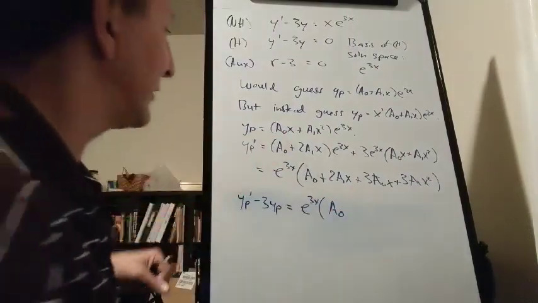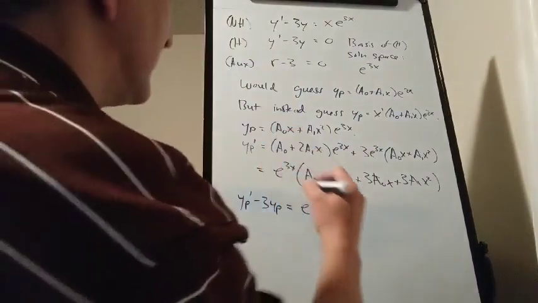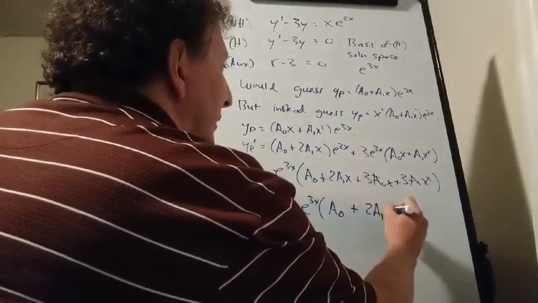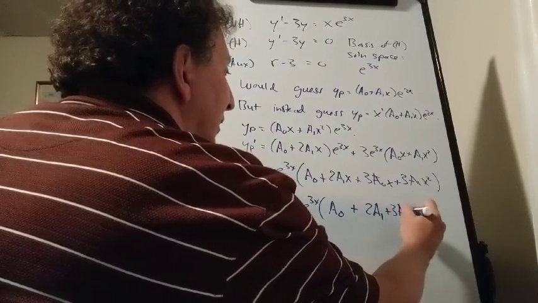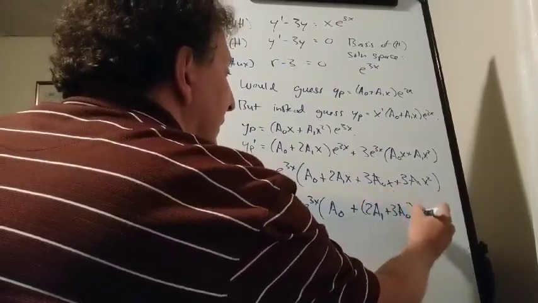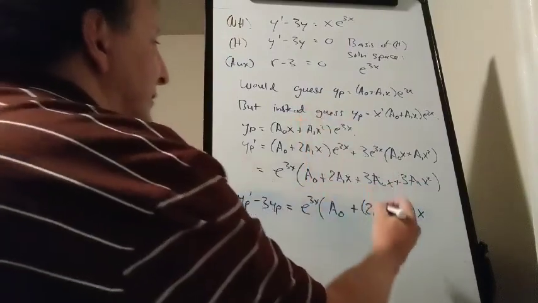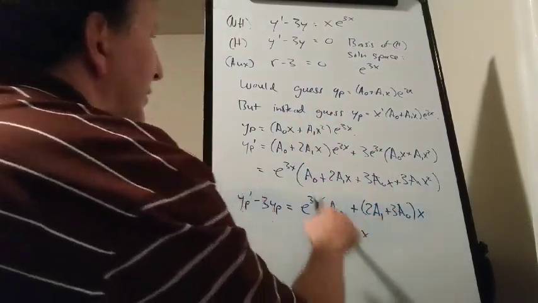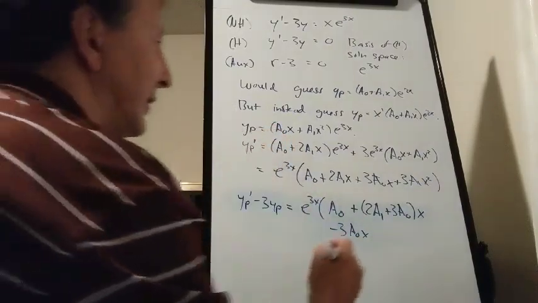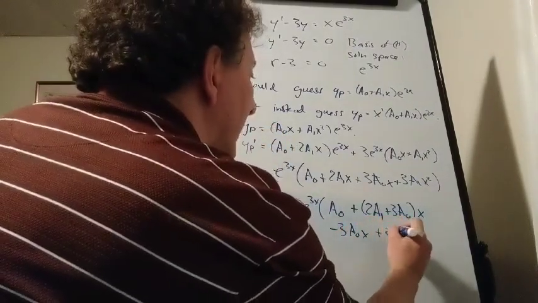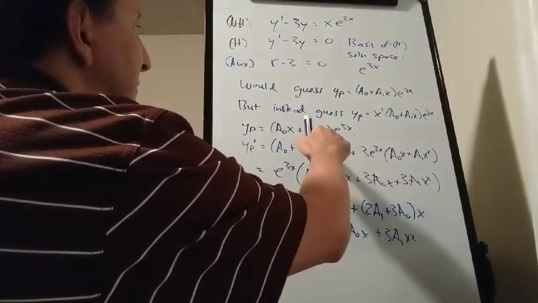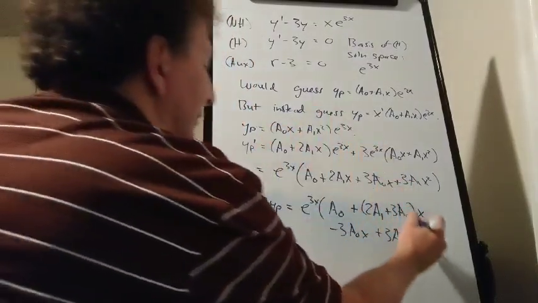A naught, there's no constant term there, plus coefficients of x. 2a1 plus 3a naught x minus 3a naught x, minus 3 because we're taking away 3 of this, plus 3a1x squared minus 3a1x squared.